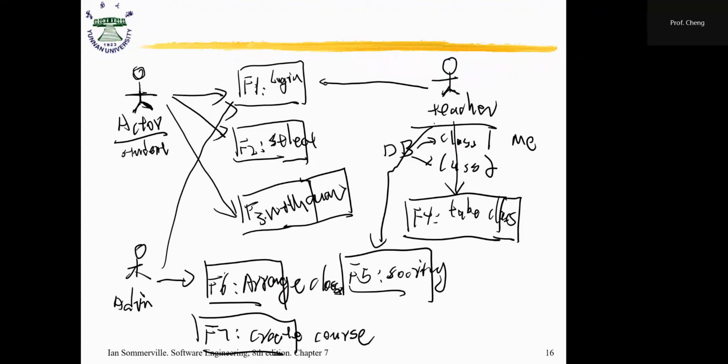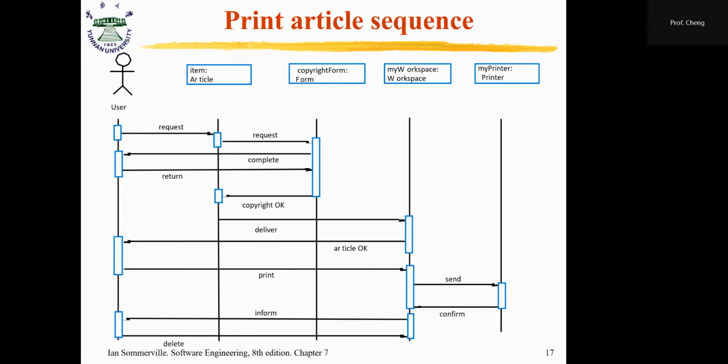Okay, because this is simple, I will give you a little bit more complex one. This is the so-called sequence diagram. As you know, a sequence diagram is not for the customer to read. Actually, it's for the development team to communicate, right?